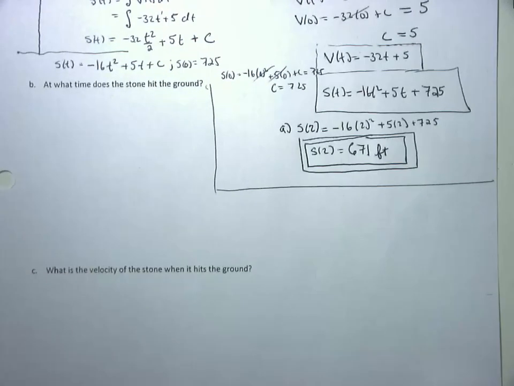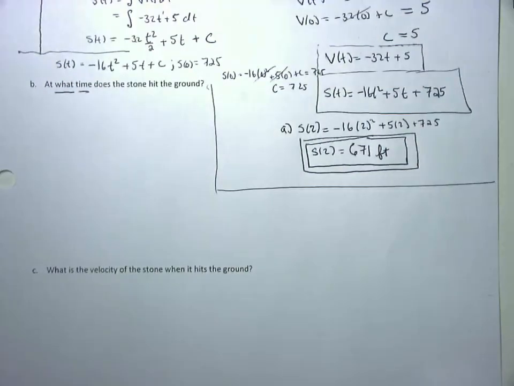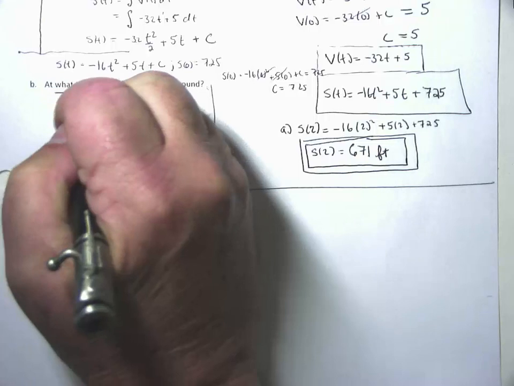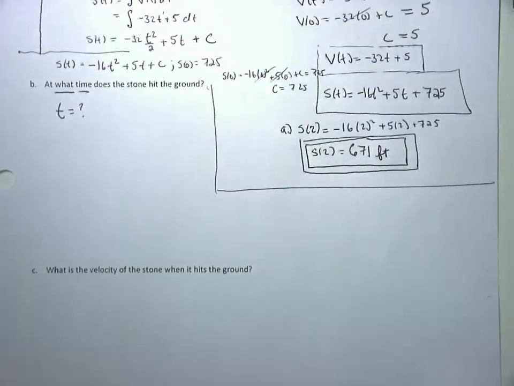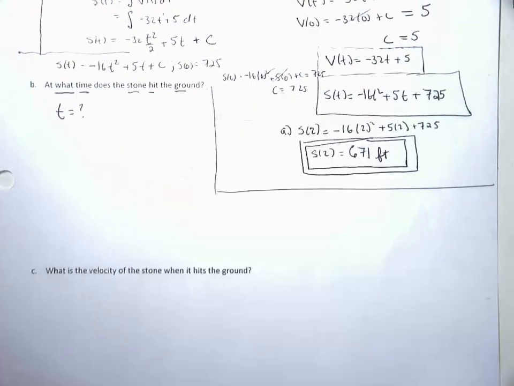Part B. At what time does the stone hit the ground? This is the kind of stuff we're going to hit you hard on the final exam, knowing what to do. What time? What am I looking for? T. So at the end of the day, I'm going to solve for t on something or other. Does that make sense? Stone hit ground.